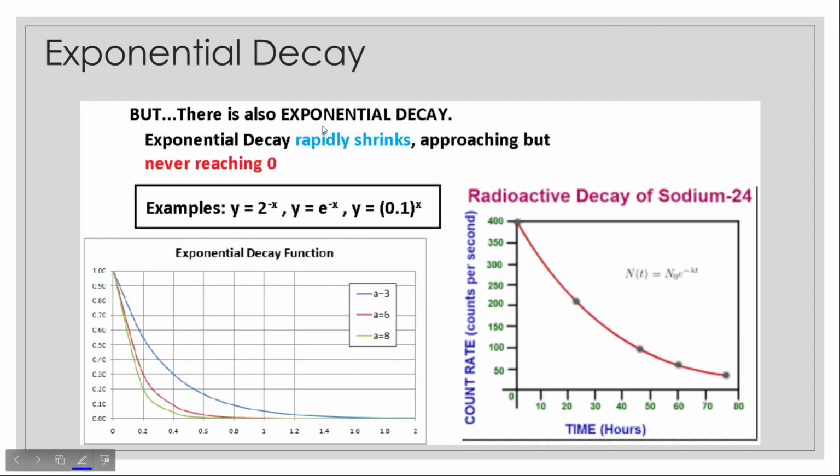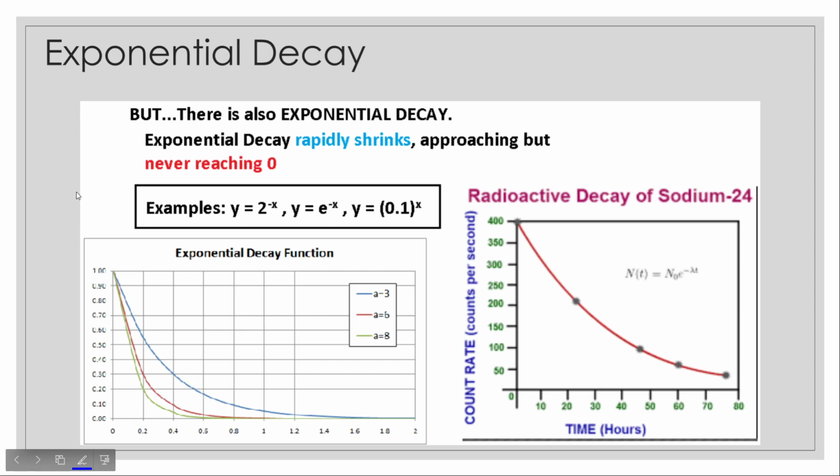So, exponential decay, I did just mention that. That is the opposite of exponential growth. Something exponentially decaying starts off rapidly decreasing based off how much there is.